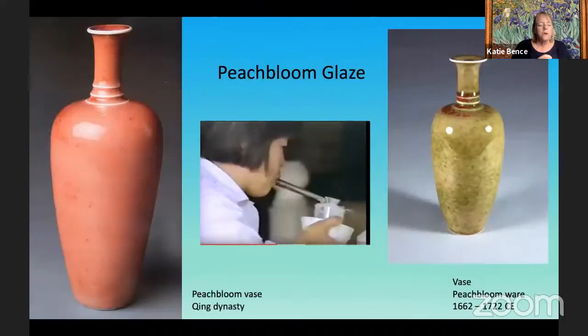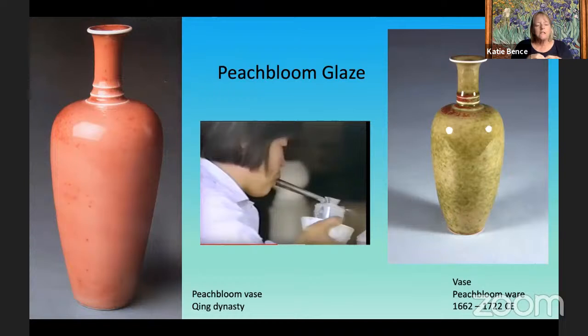It took supreme skill to achieve the mottled colors one sees in the peach bloom glaze, the most highly prized type of glaze by collectors. Traditionally, this glaze was blown through bamboo tubes covered with a fine silk to achieve this mottled effect.